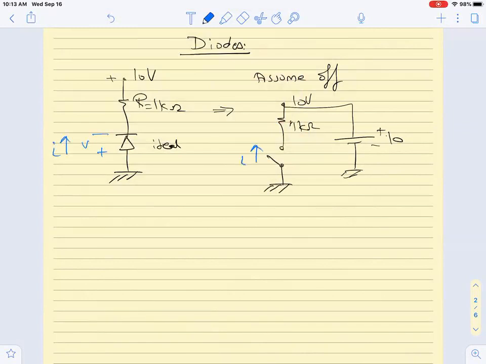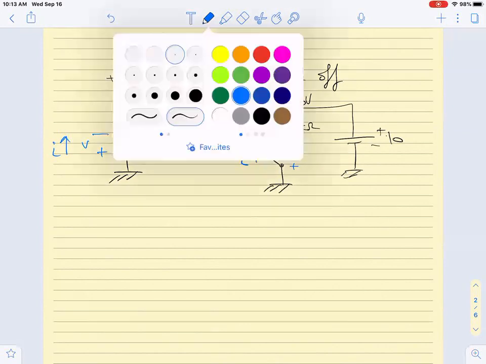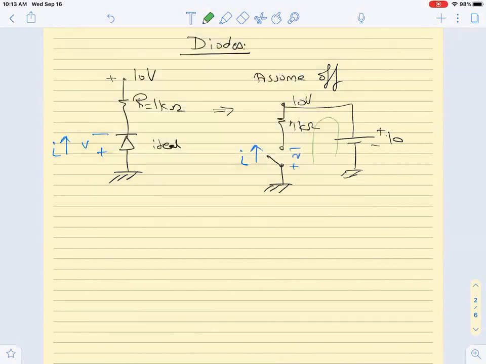So I will keep the plus or minus V here. Now if we do a loop of KVL, it will be minus 10 plus VR, the voltage across the resistor, minus V diode is equal to 0.